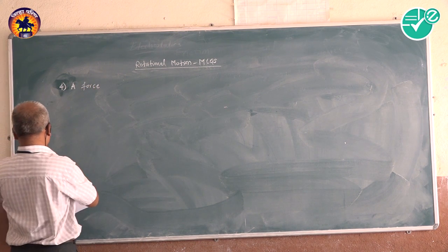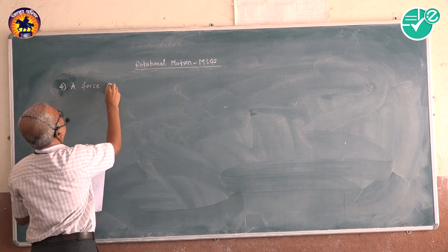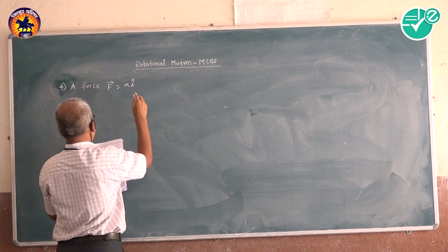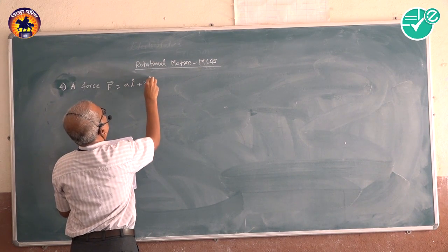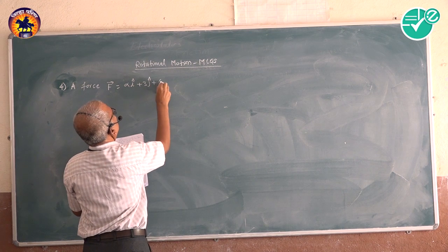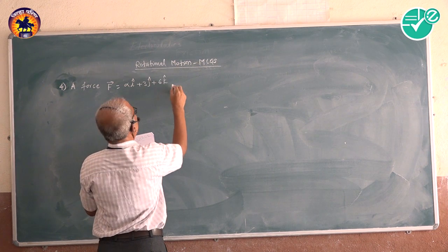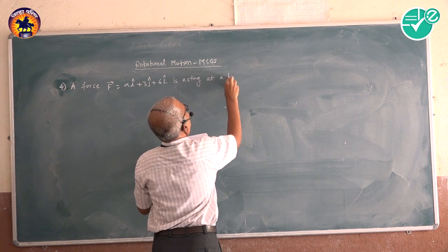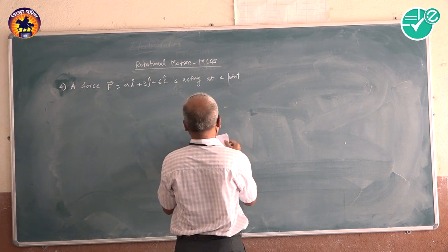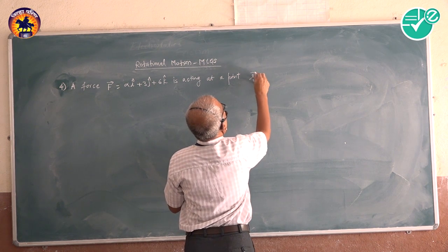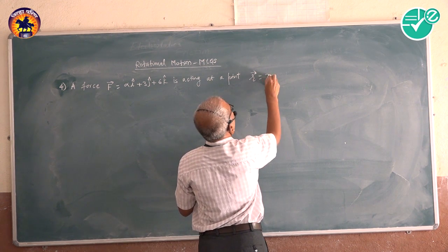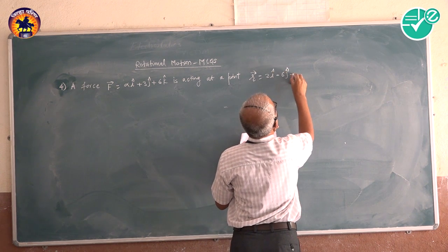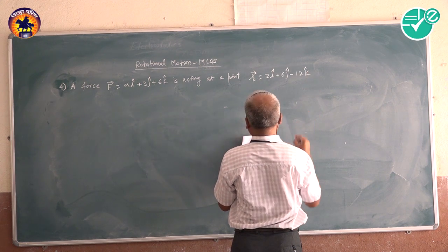A force vector F is equal to alpha i plus 3j plus 6k, acting at a point with position vector R equal to 2i minus 6j minus 12k.